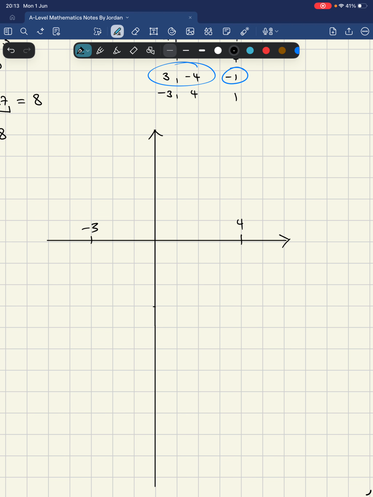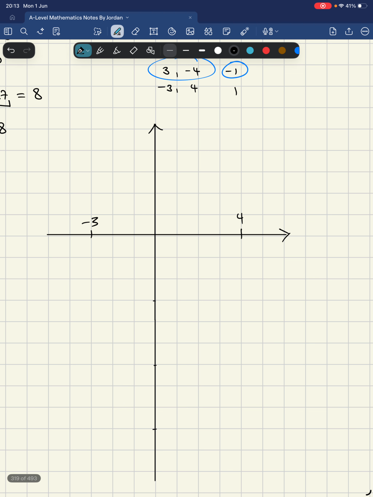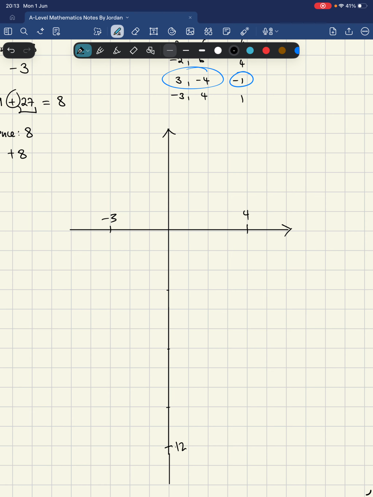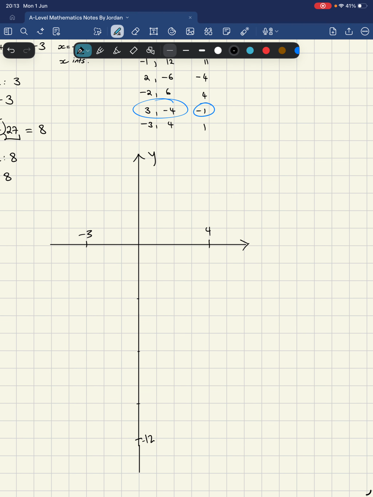So we've got 3 there, 6, 9. 12 is going to be right down here. Okay, so negative 12 that is. And this is the y-axis, that's the x-axis. Remember it's a U shape as well.